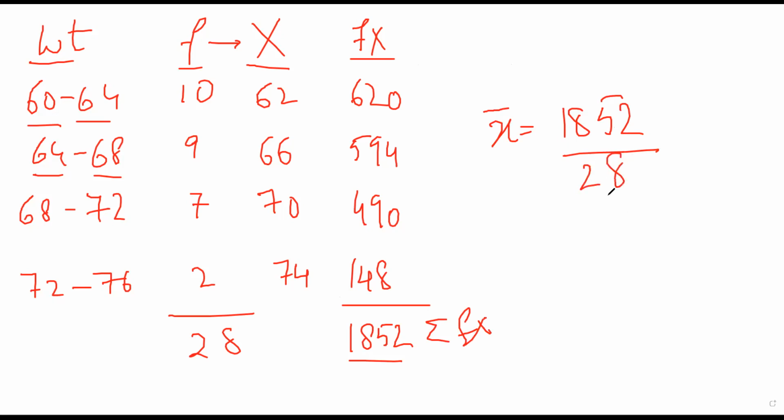So I'm directly doing it like this, 1852 divided by 28 will be equal to 66.14. Okay, remember this, 66.14 is our mean. I'm erasing this for now.